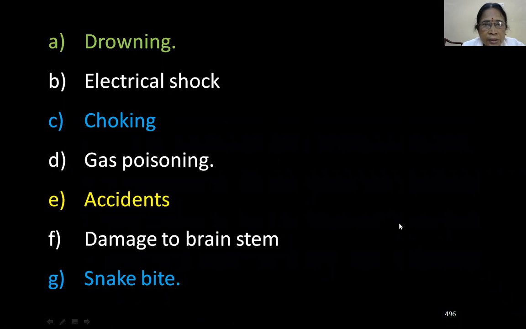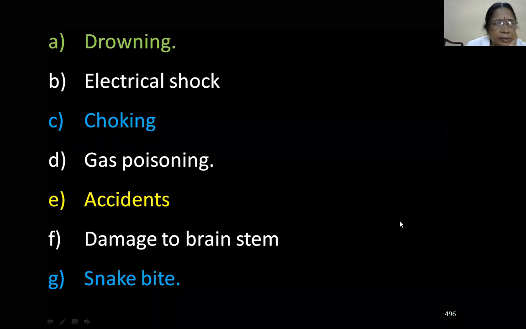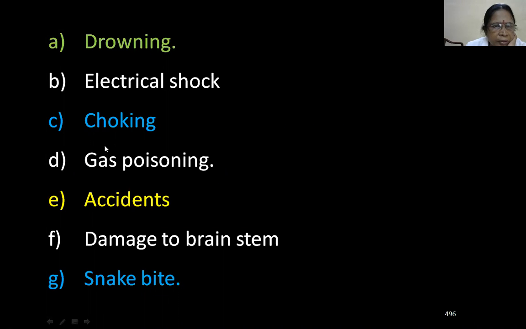The various conditions in which we go for artificial respiration are drowning mainly, electrical shock, the cardiorespiratory arrest in electrical shock, choking, and gas poisoning. We have seen recently in Vizag, in the chemical factories, the gas was released and most people were suffering with respiratory distress.